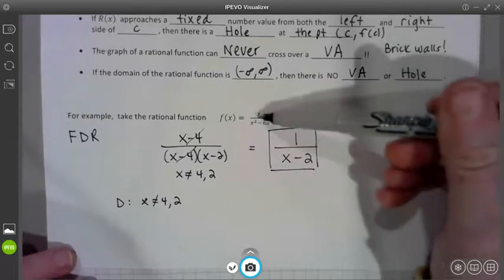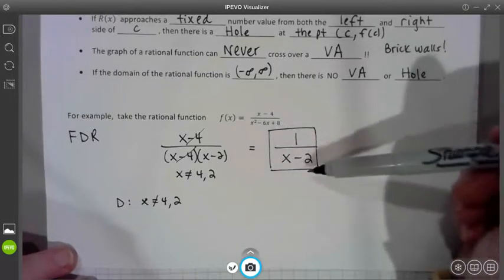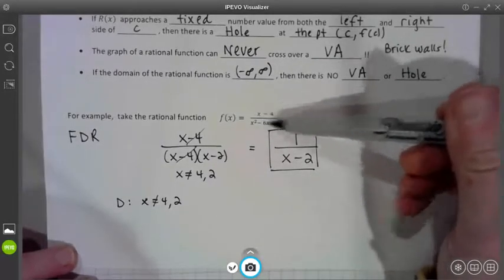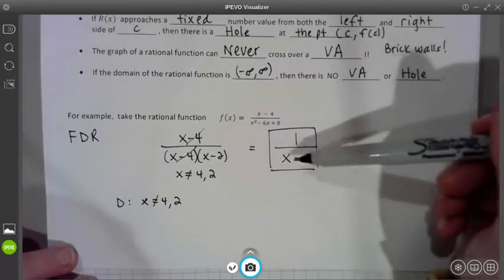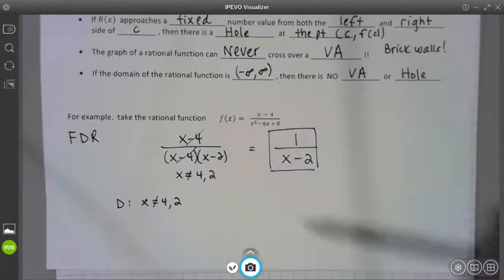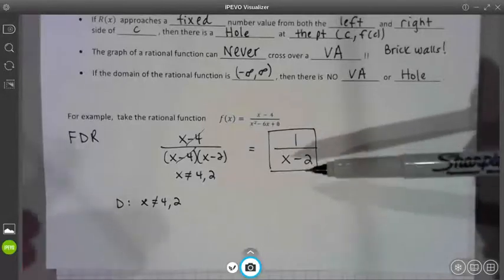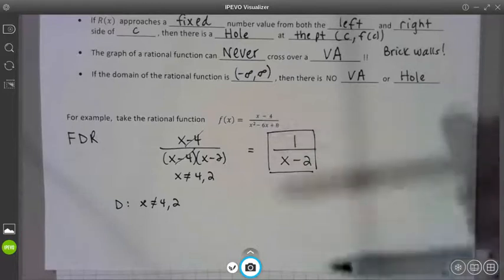These graphs make exactly the same graph, except when x equals 4, it's a point on one graph, but it's a hole on the other, okay? Because it canceled out of the function to make this one. And if this had been the beginning function, it never even had the factor x minus 4. So that's the only difference between this graph and this graph: 4 would be a completely workable point on this graph, but since this was our original function, it ends up being a hole, all right?